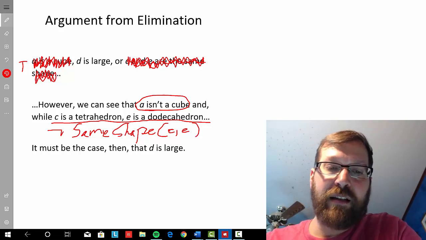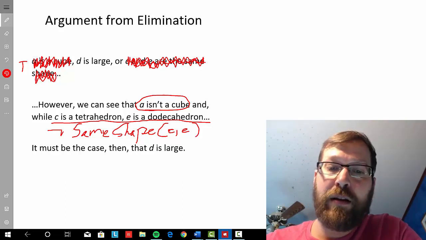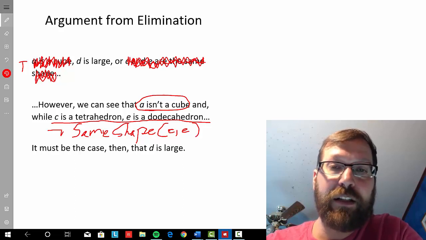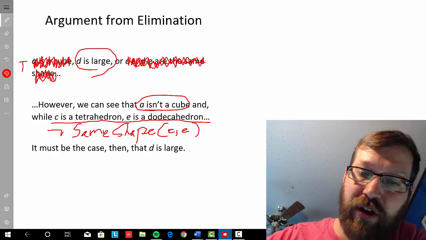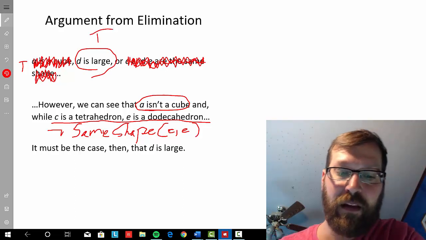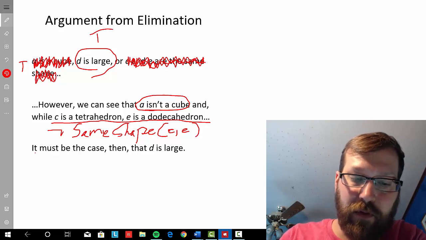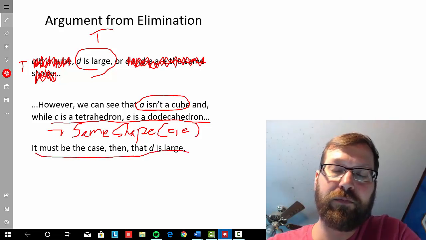So notice then that there's only one disjunct left over that could make the disjunction true. So if we get to accept the disjunction to be true, then that disjunct has to be true. And indeed, that's what we infer here. It must be the case then that D is large.